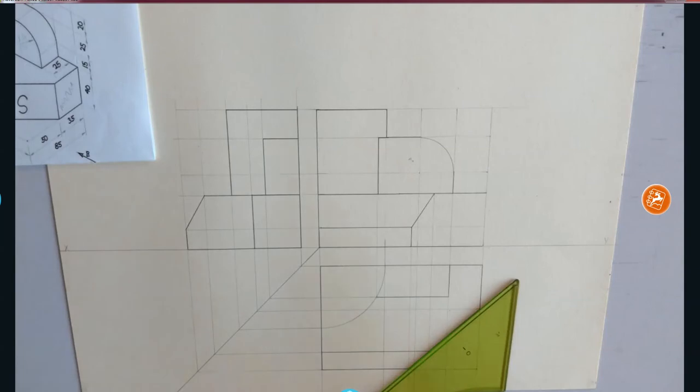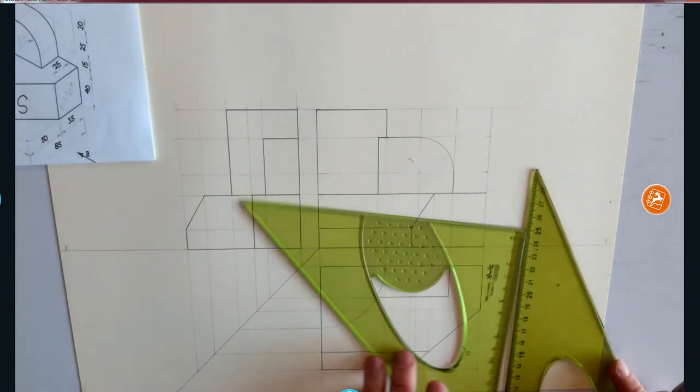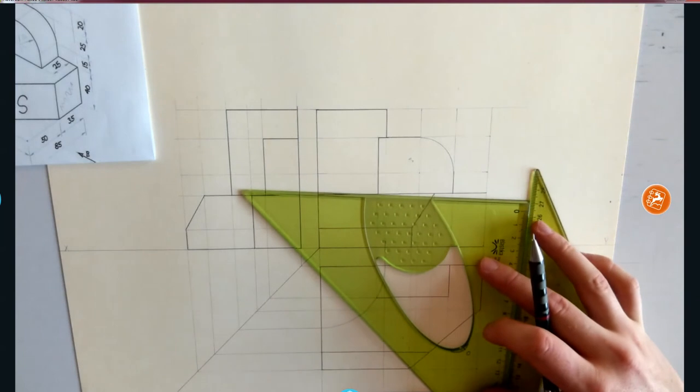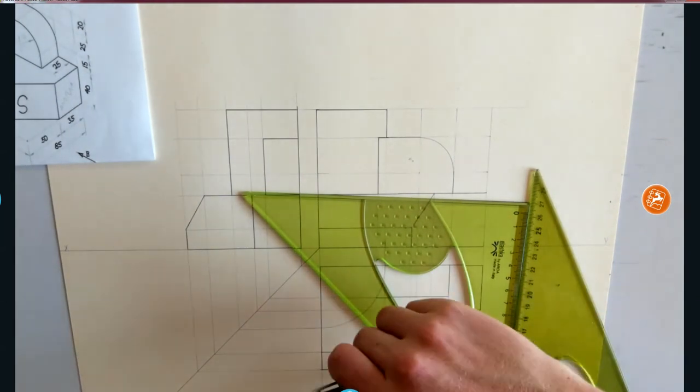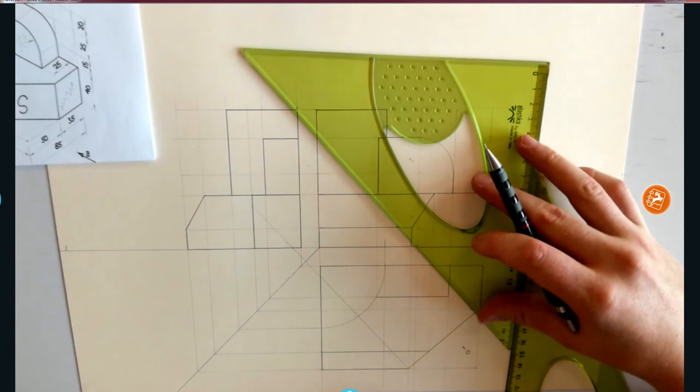Setting up our set square and just flipping it, getting lines perpendicular to that surface, another line perpendicular to it here.